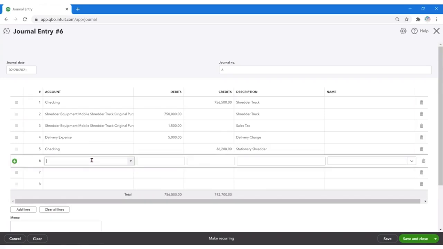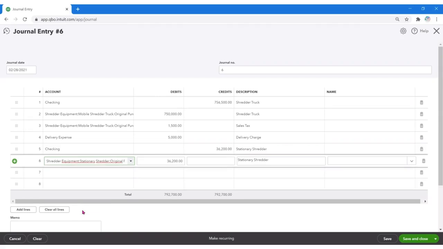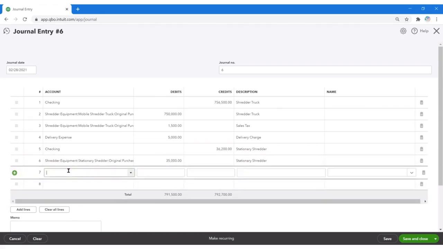And then let's split this out. First of all, I'm going to do the shredder itself. So I'm going to just start typing stationary shredder and go on to the original purchase. There it is. So again, $35,000 for that. Then I'm going to go to the same account, stationary shredder.